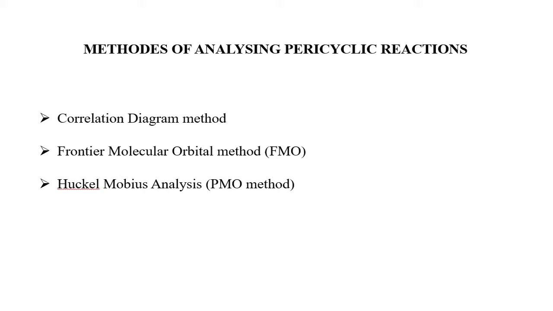The important methods of analyzing pericyclic reactions are correlation diagram method, frontier molecular orbital method or FMO method, and Huckel-Mobius analysis or PMO method.